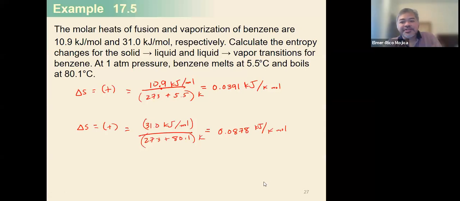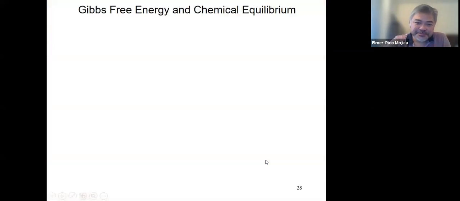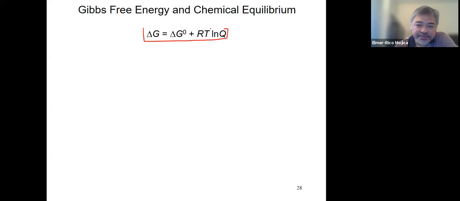Now, let's relate this chapter with chapter 14. How is the Gibbs free energy related to chemical equilibrium? You're going to have another equation for G. You started with this: delta G equals standard delta G plus RT ln Q. What's the difference between G with a degree sign compared with just G?